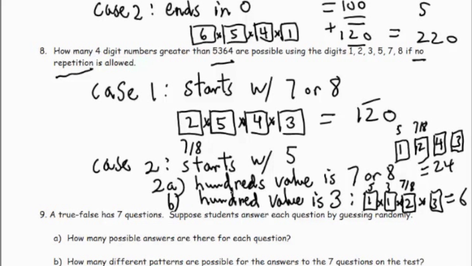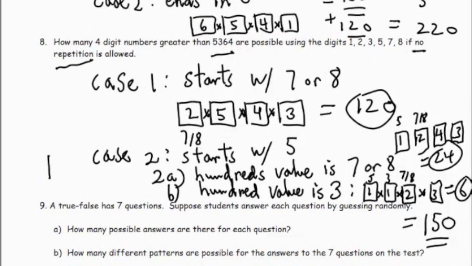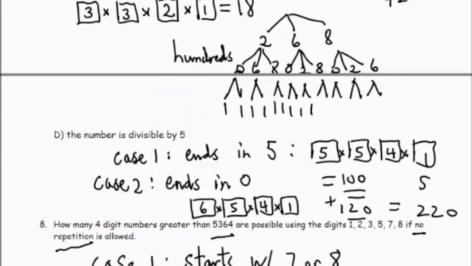So there's 2 options there, and that leaves 3 numbers for the last one, for a total of 6. So now we're just going to string together these 3 numbers, add them up, and that'll be 150. So 3 cases really, but hopefully you see why I did subcases for case 2. If you didn't, ask your teacher.